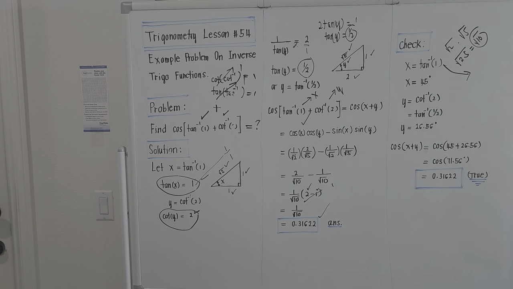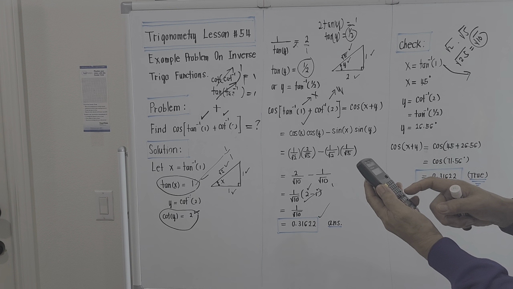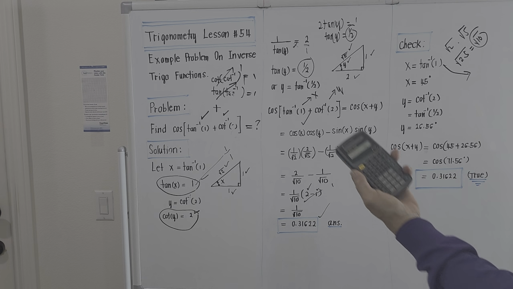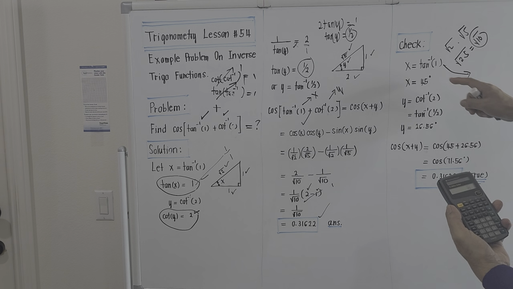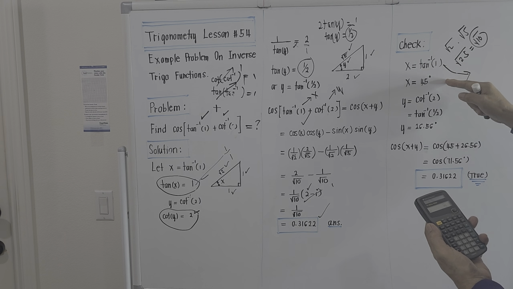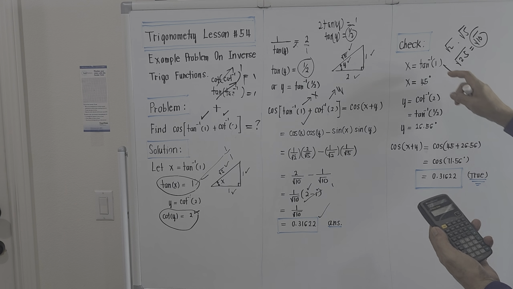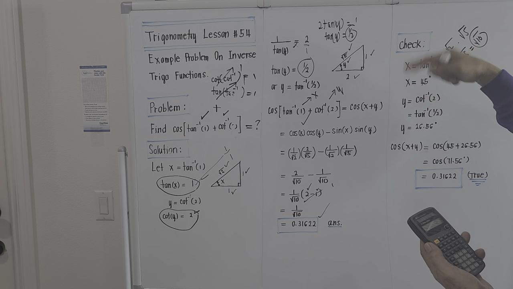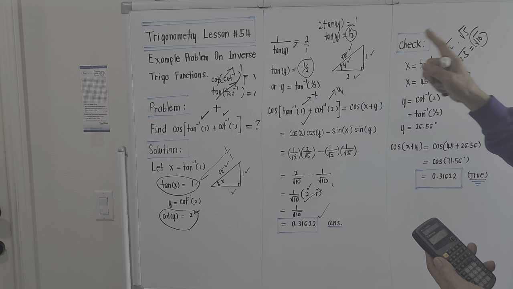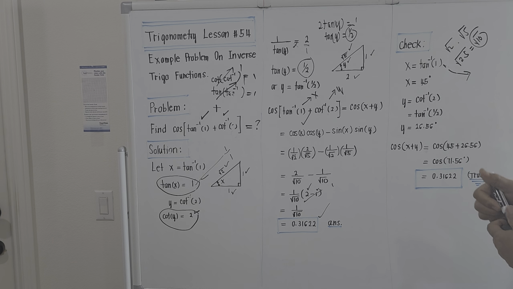I will just display 1 here. Arctangent, second function, tangent. This should be 45 degrees. The meaning of this, the arctangent of 1, is the angle in which, if we take the tangent value of it, it is 1. It's 45 degrees because tangent of 45 degrees is 1. So the first angle here is actually 45 degrees.